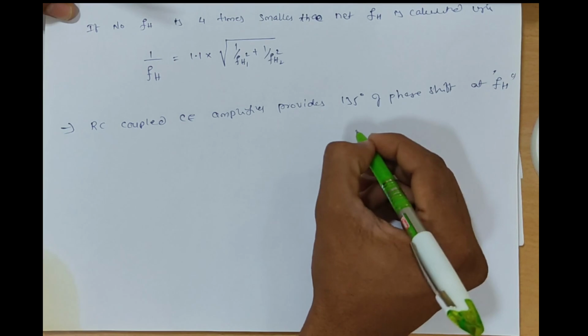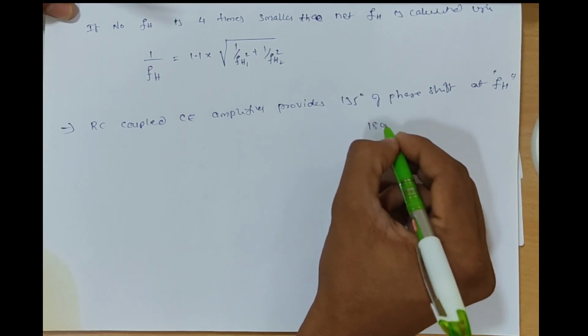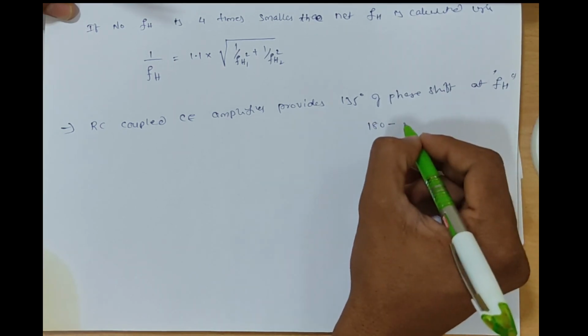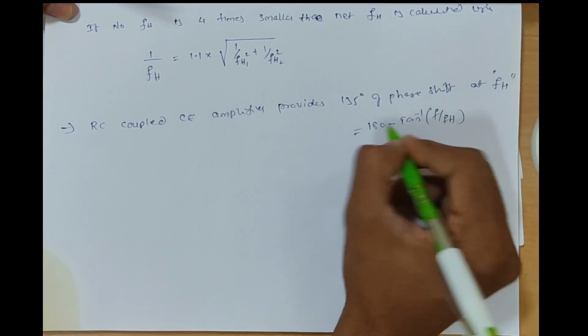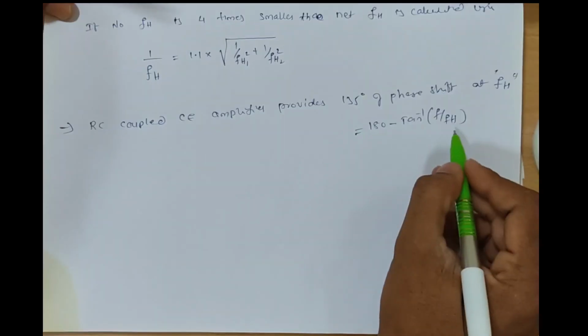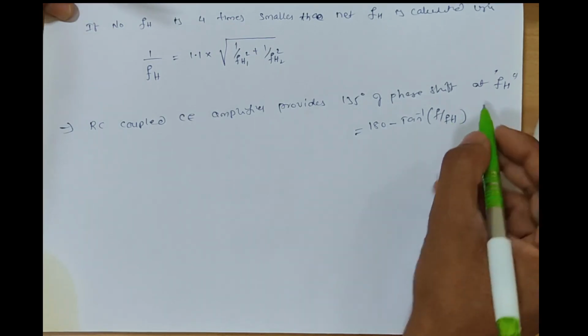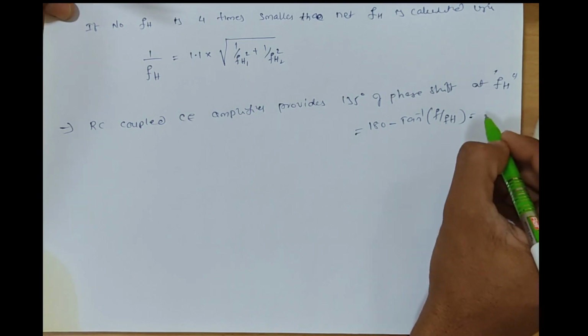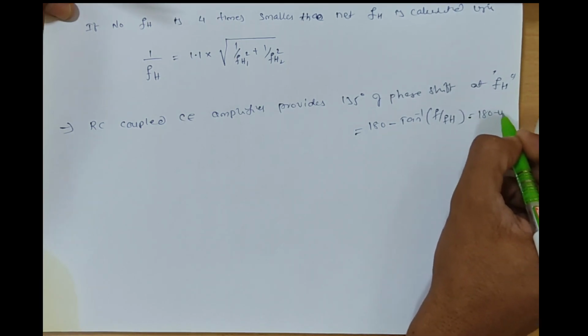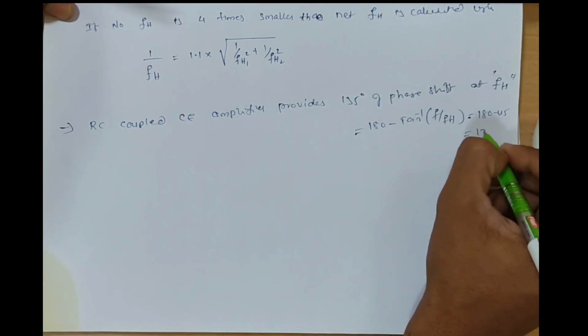I am writing this one. At FH, the phase is 180 minus tan inverse of f by fh. When the frequency equals the higher cutoff frequency, we get tan inverse of 1, which equals 45 degrees. So it is 180 minus 45, which equals 135 degrees.